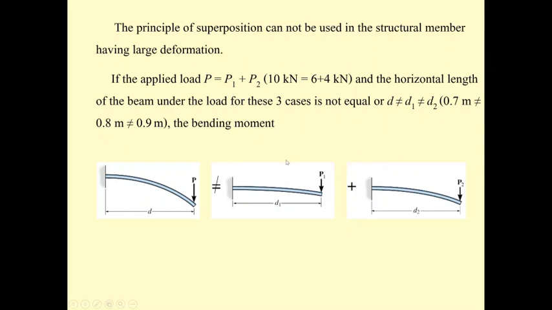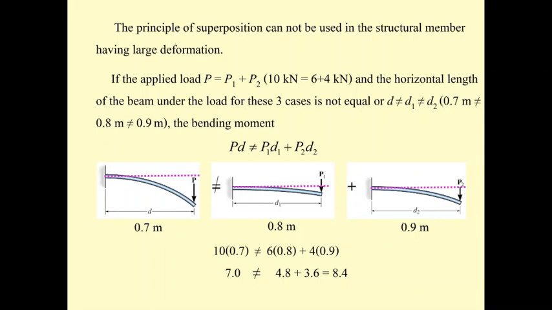Like for this one, if the total applied force is 10 and this is 6 and this is 4, since the distances d1 and d2 are not equal, the moment P times d will not equal P1 times d1 plus P2 times d2, like this example.